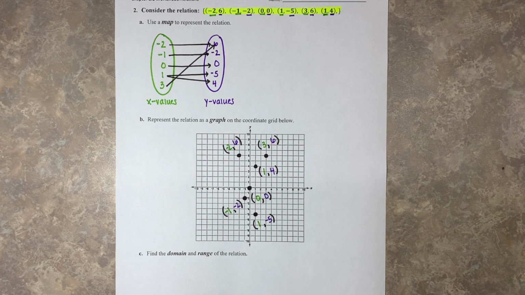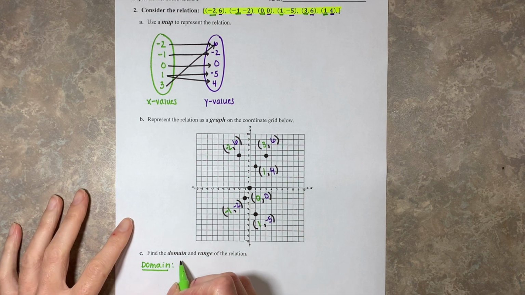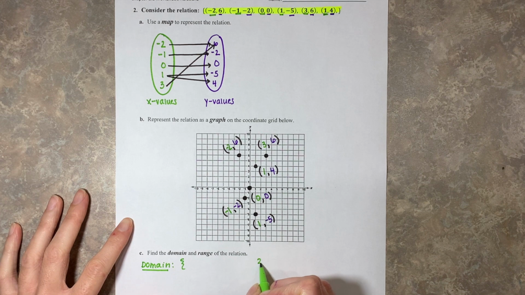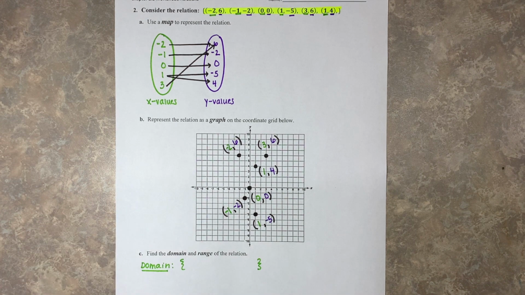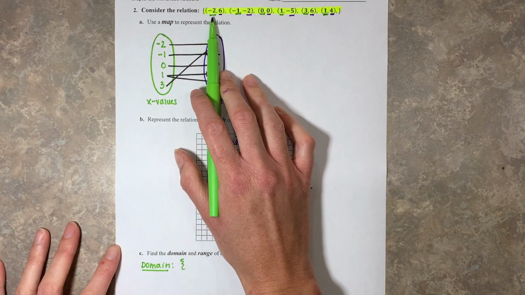Next, let's describe the domain and the range of our relation. And remember, with finite relations, when we're describing the domain and the range, we use the roster method. For the domain, we simply list the x values. So we draw the curly brackets, and then we list our x values and separate them with a comma, making sure not to repeat any x values. We can identify the x values by looking up here.